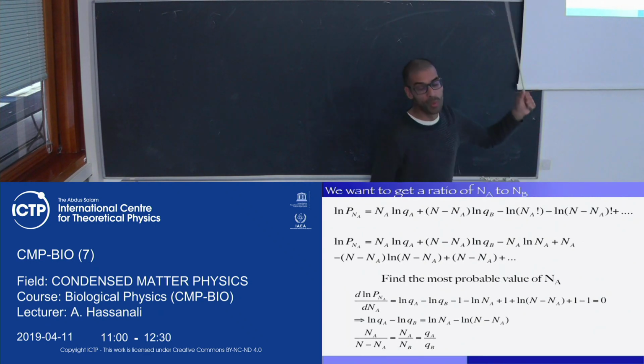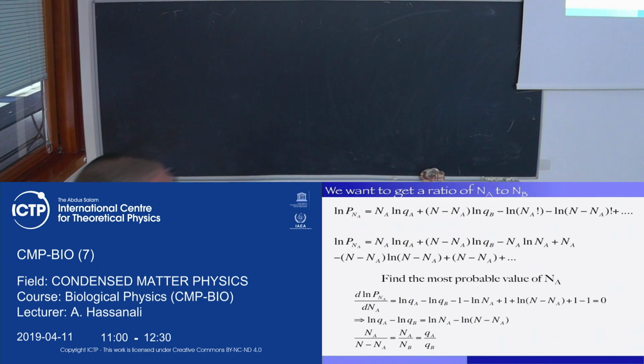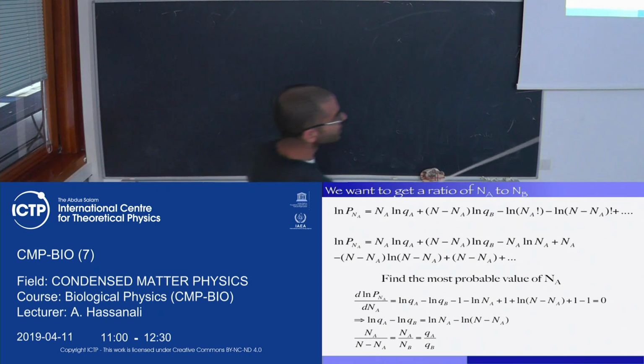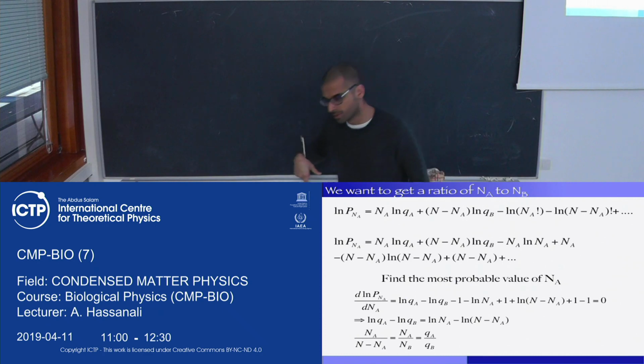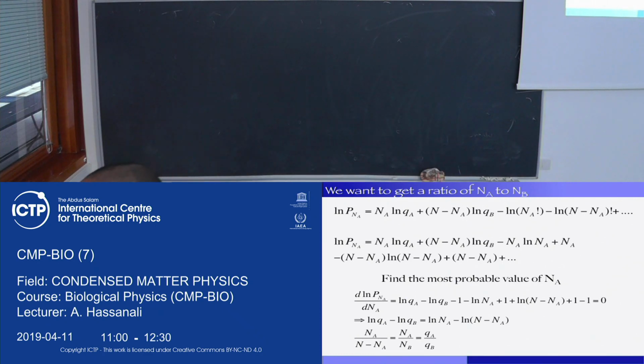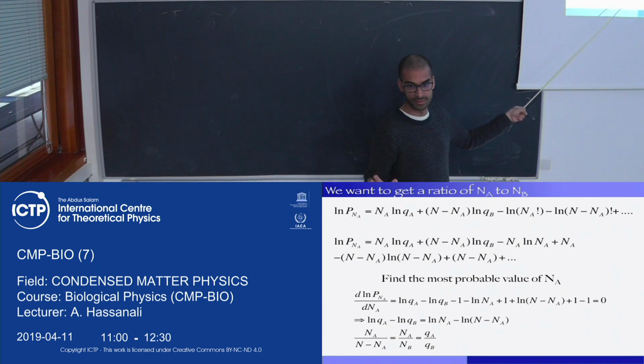If I want to know the most probable value of NA, then I just take the derivative of that and set it to 0. When you simplify, you get that the ratio of the number of particles NA versus NB is just the ratio of the partition functions. And the ratio of these partition functions is e to the minus beta Helmholtz free energy.